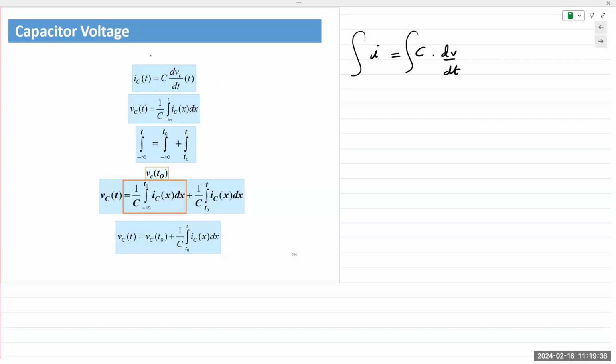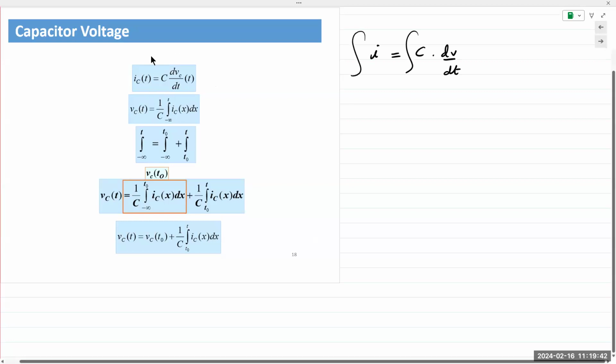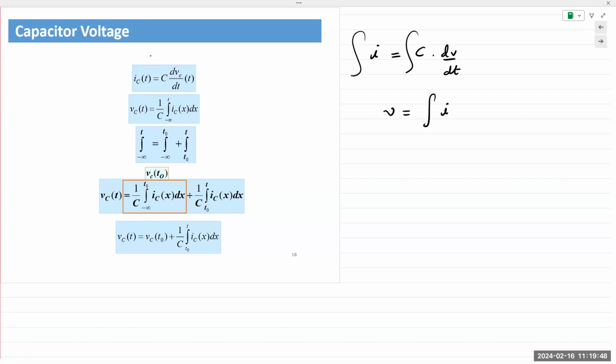You take it to the other side, 1 over C. And then it simply means capacitor voltage is the integral of the current. Quantities are flipped, right? For an inductor, inductor current was the integral of the voltage. For a capacitor, the voltage is the integral of the current.